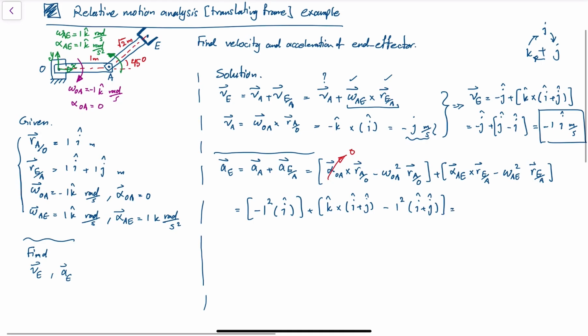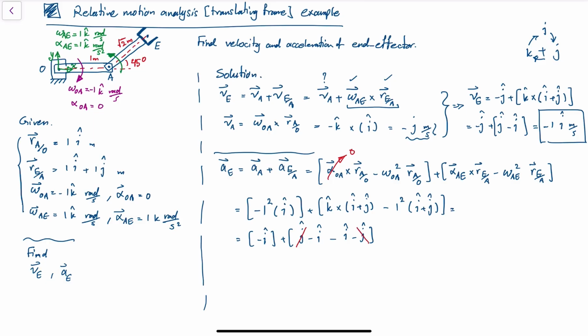So on the first one, let's write it here. I have minus I plus, I have K cross I, that is J. K cross J is minus I, minus I minus J. So let's cancel a bunch of stuff out.